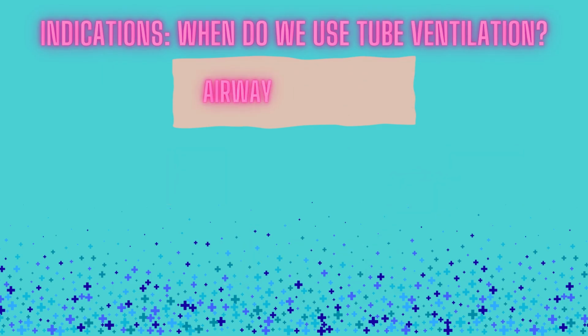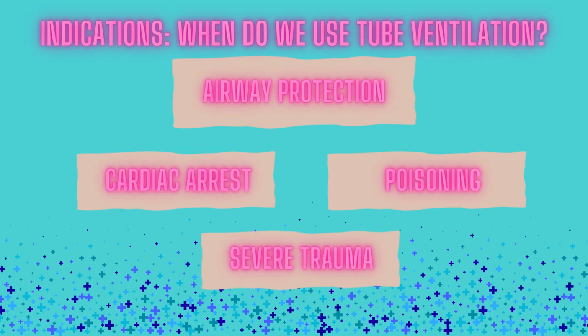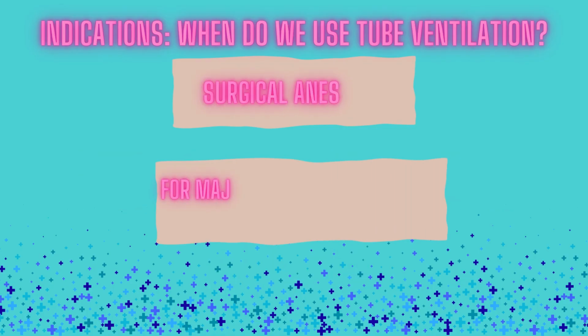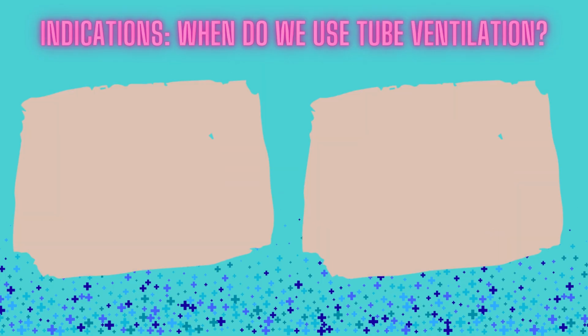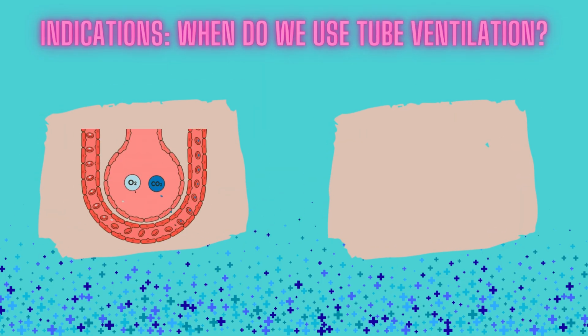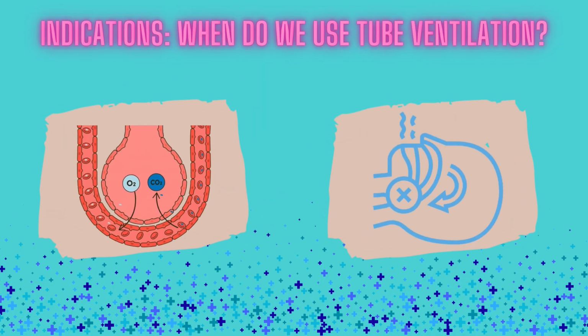Airway protection after a cardiac arrest, poisoning, or severe trauma, or surgical anesthesia, or major operations requiring full airway control. In short, if a patient cannot maintain gas exchange or protect their own airway, ventilation is often required.